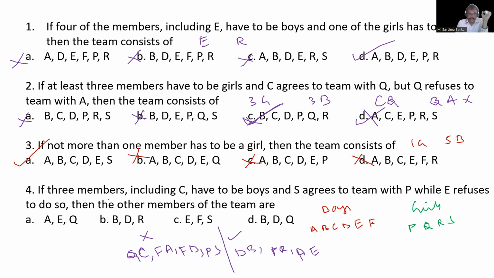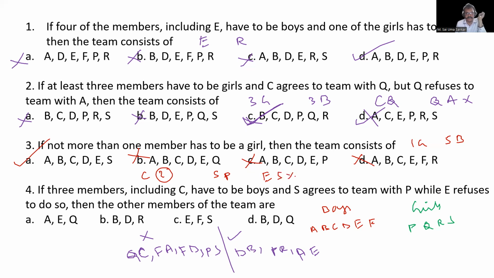Next, another condition: 3 members including C have to be boys. So C must be there. The other 2 members, we don't know who they are. S and P agree, and E, while E refuses to do so.